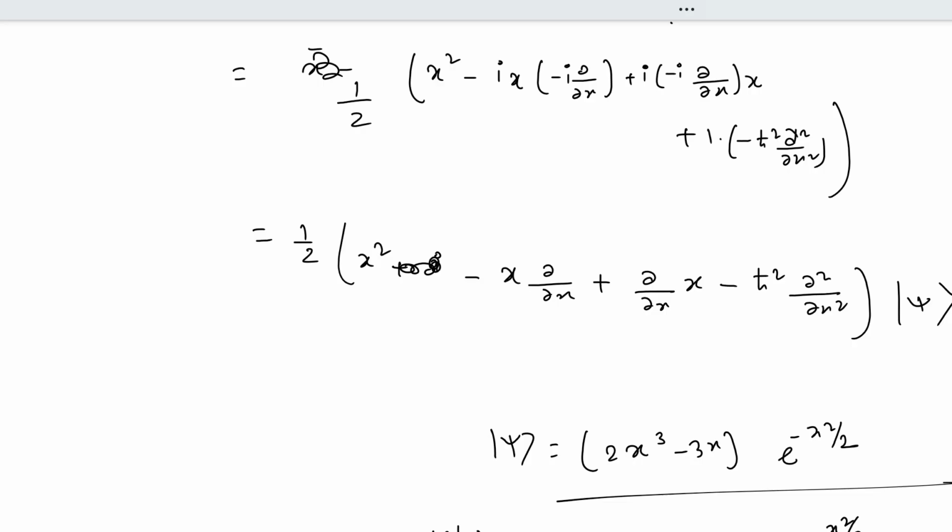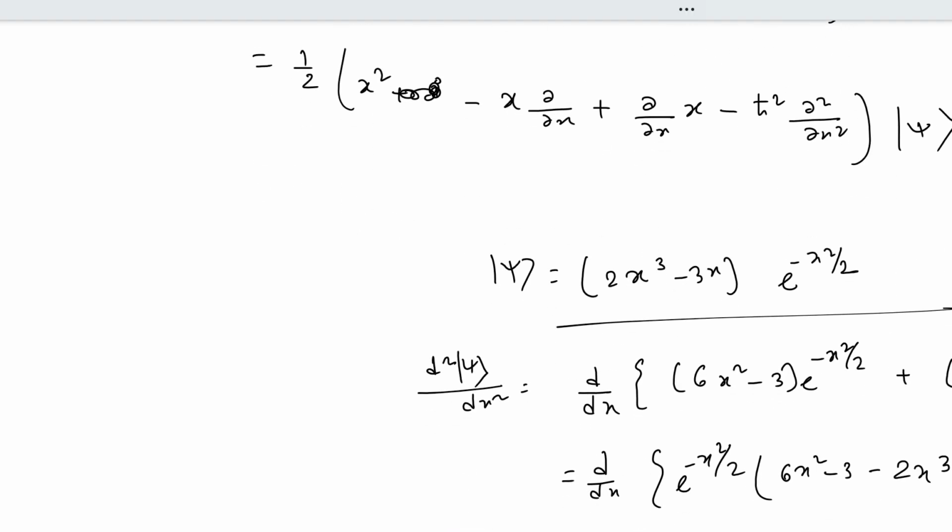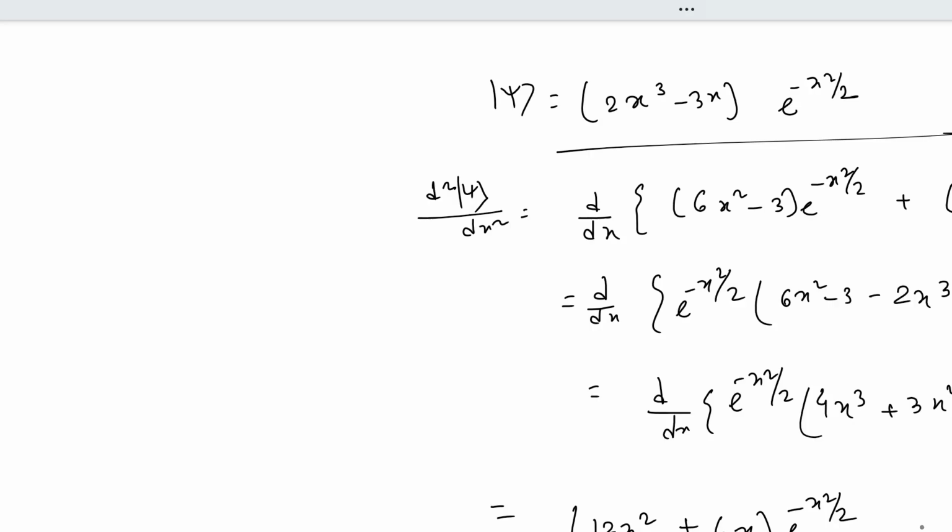So this is d dx of e to the power minus x squared by 2 times 4x cube plus 3x squared minus 3.